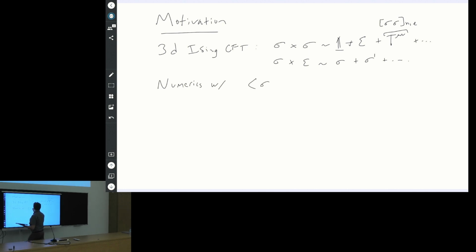So you look at all 4-point functions containing sigmas and epsilons that are non-zero by the Z2 symmetry.